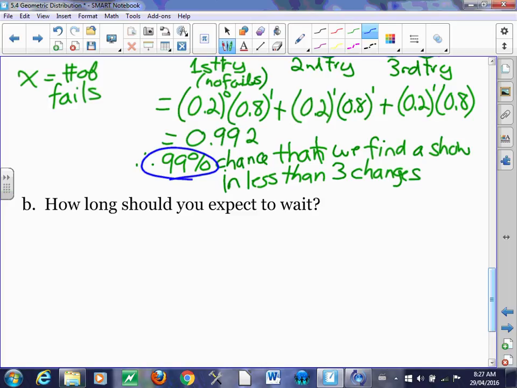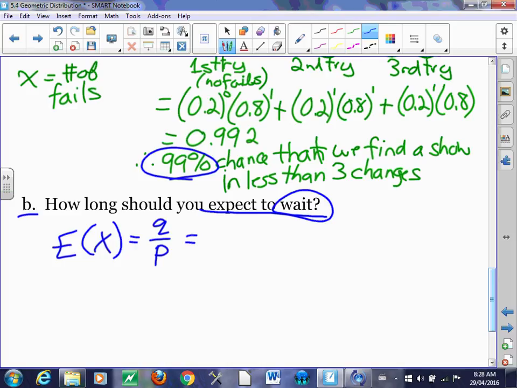All right, let's take a look at question B. How long should you expect to wait? Notice you see the wait time in there. So expect and wait tells you that we need an expectation formula, and the wait means geometric.